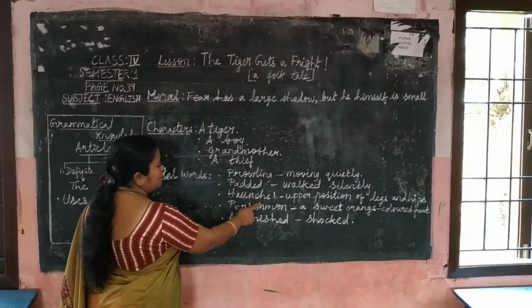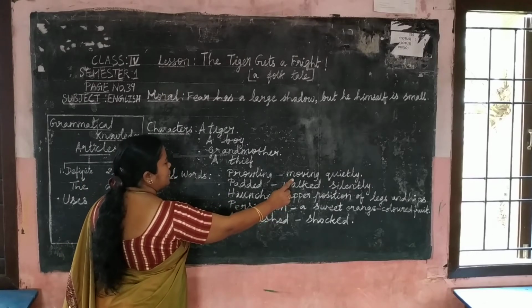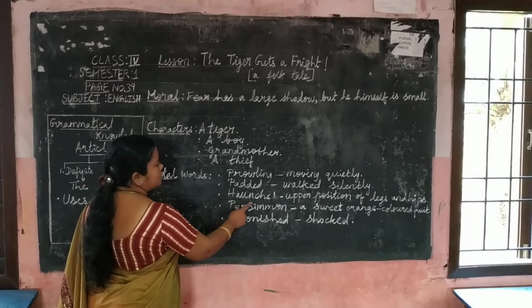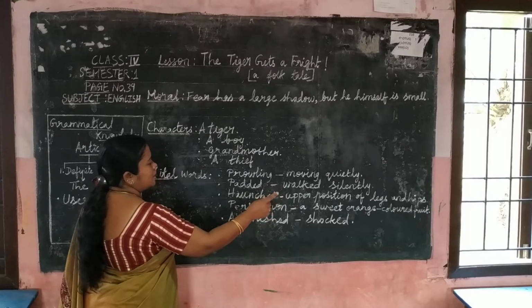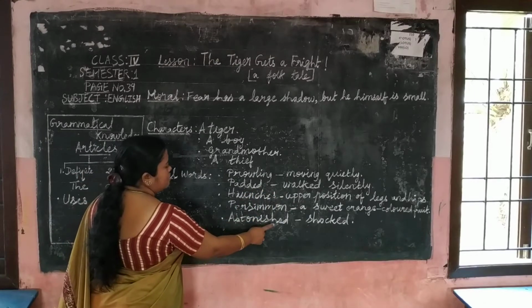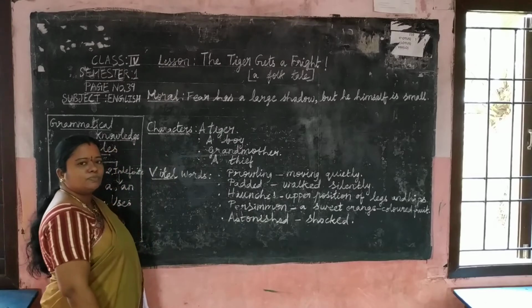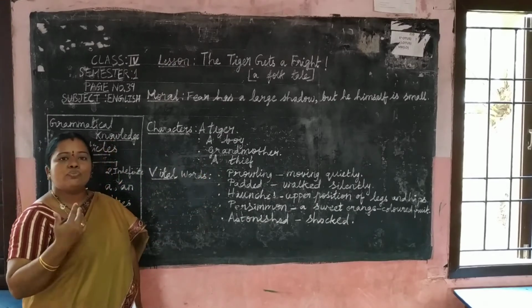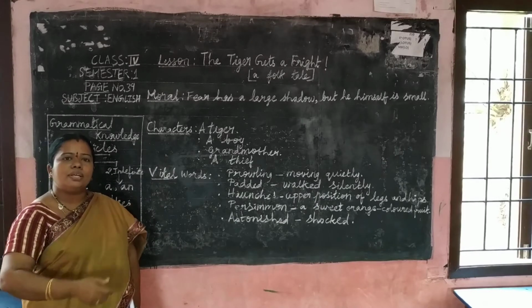Haunches, meaning upper position of legs and hips. Persimmon, a sweet orange colored fruit. Astonished means shocked. So these are the important words which we come across when we read the story.